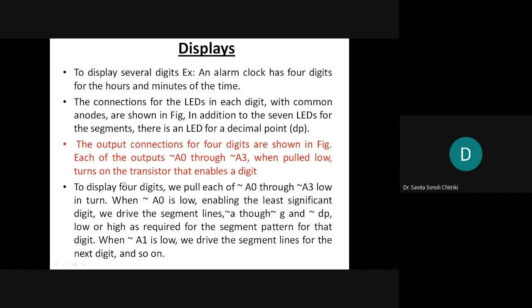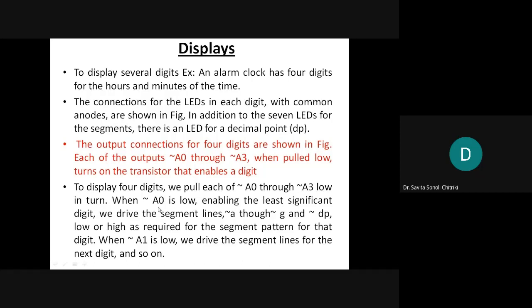When pulled low, it turns on the transistor that enables the digit. So the transistor turns on and enables that particular digit there. So to display the 4 digits, we pull each of A0 through A3 low. All of A0 to A3 should be turned low, right?